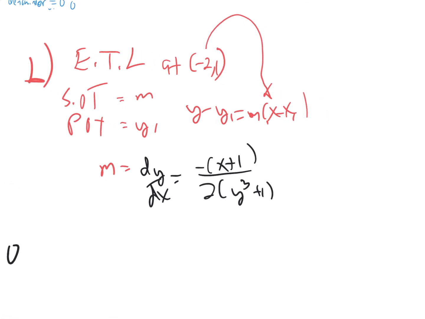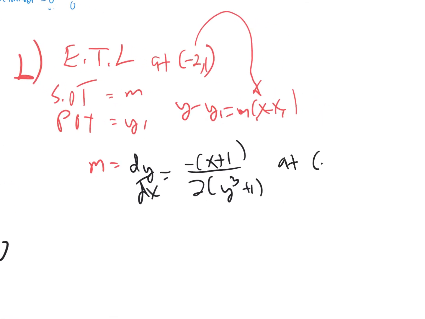So at -2, 1, that's going to give me the slope is negative of a -2 plus 1 over a 2 times a 1 cubed. 1 cubed is 1 plus the 1.